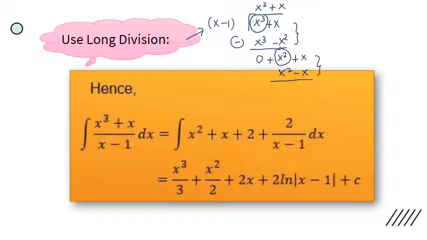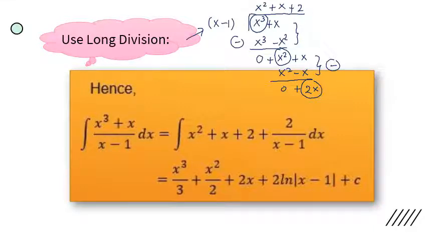Then we take the difference between these two. We cancel out x squared minus x squared, and then x minus negative x, so we get plus 2x. Then we divide 2x by x, so we get plus 2.